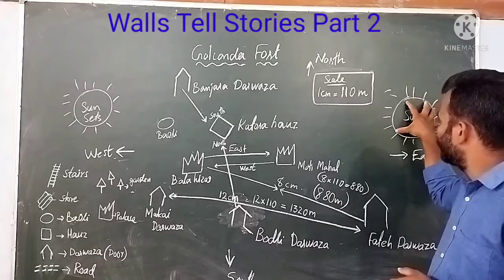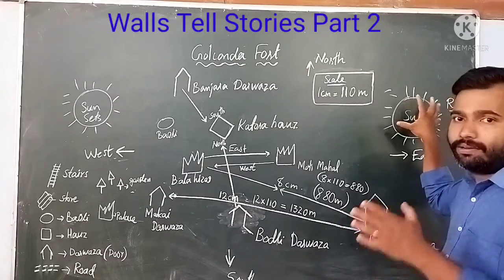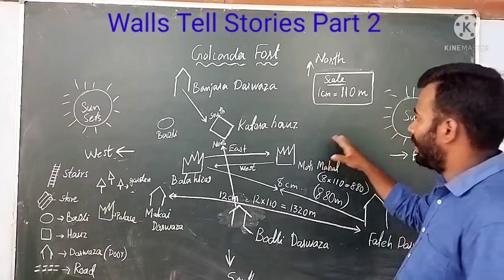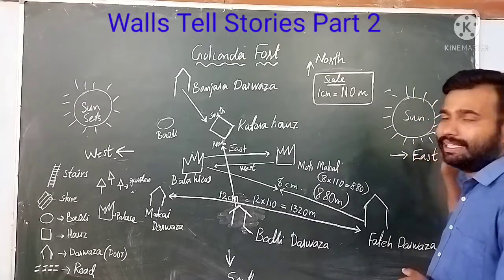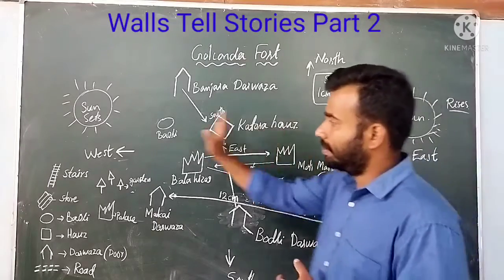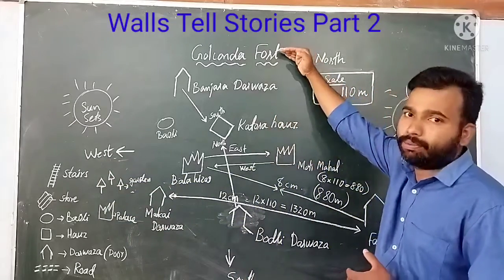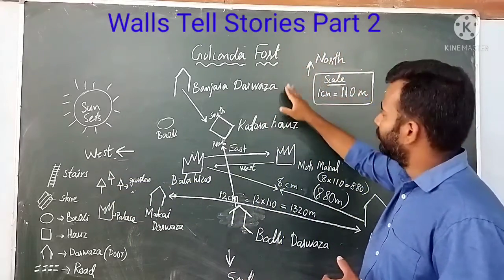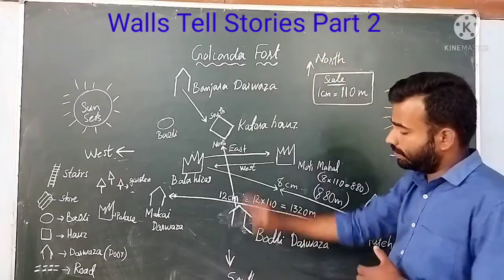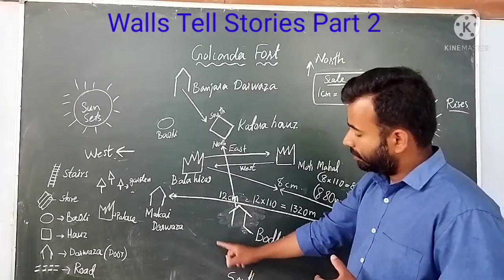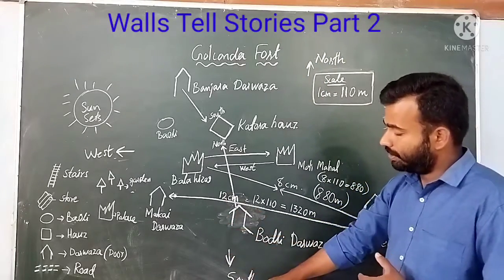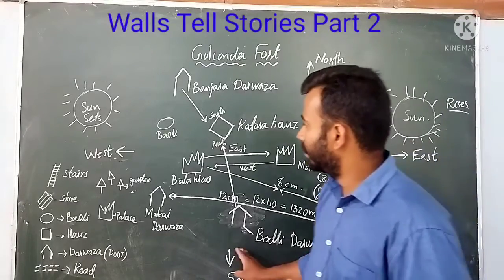Whenever you draw a map, your right hand side will be shown as east and your left hand side as west, and the upward portion, where your head is, is north, and the bottom part will be the south, the downward direction.